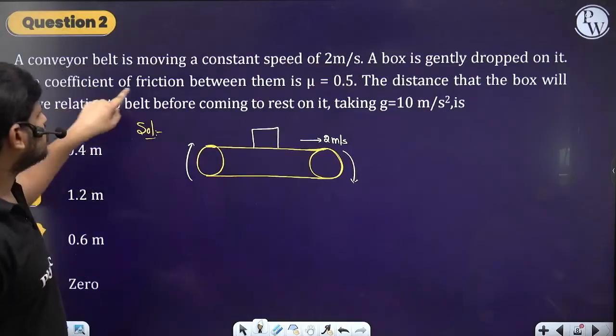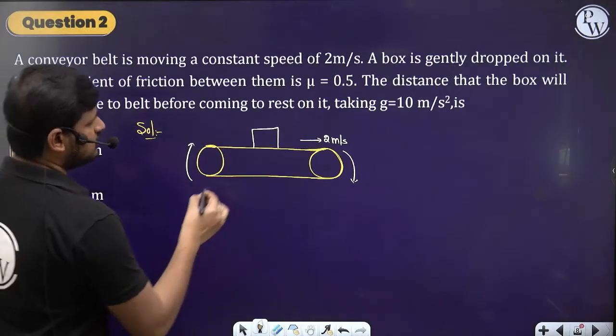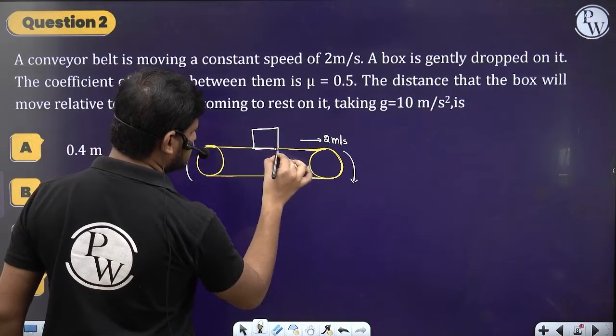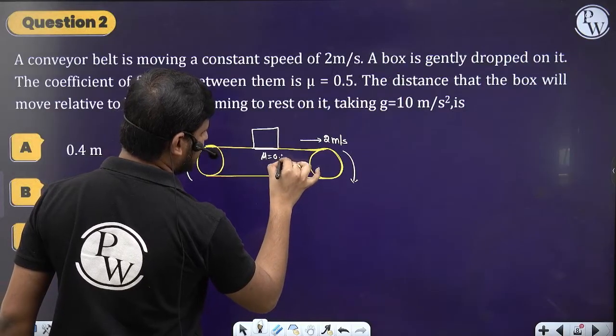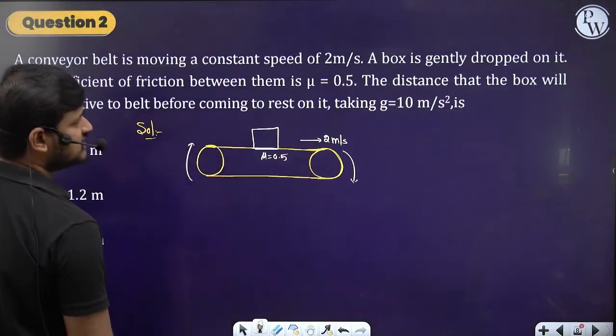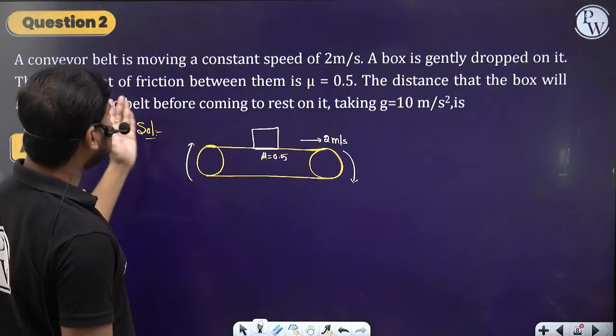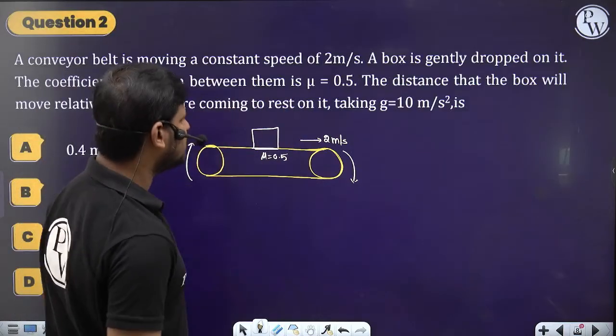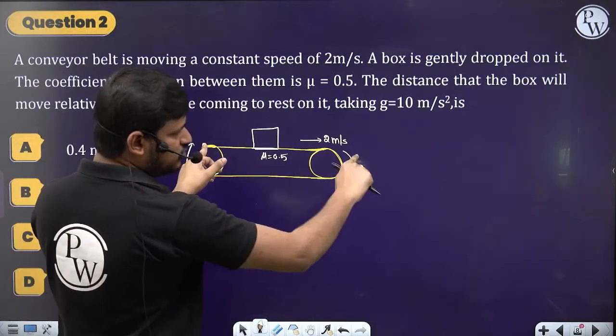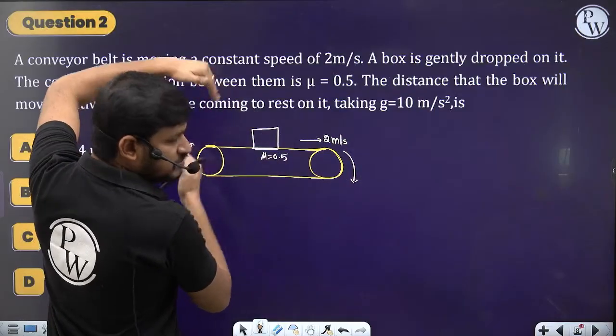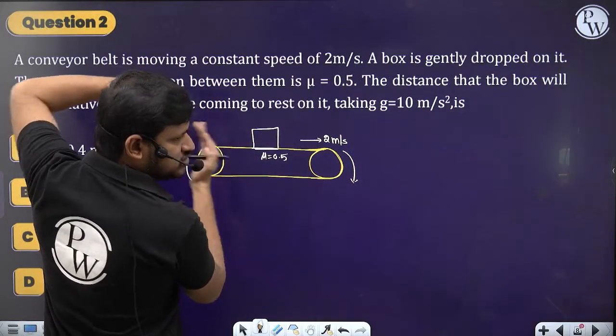So the coefficient of friction between the belt and the block is given as 0.5. Fine. The distance that the box will move relative to the belt before coming to rest. Before coming to rest, it's moving like this, so the box will move to the left, right? With what speed does the box move to the left?